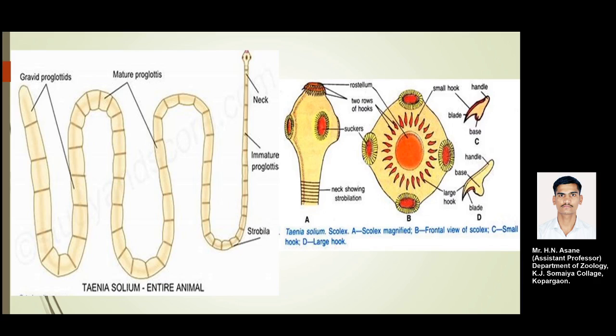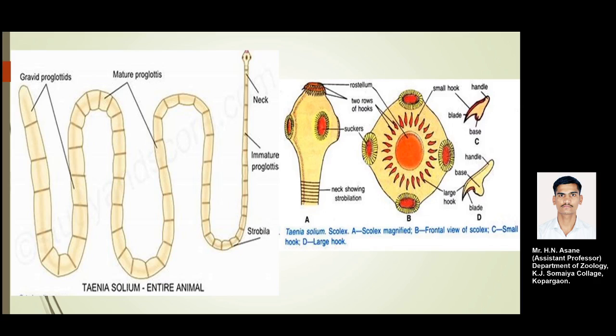No reproductive organs develop before the female organs. That means the very first developing sexual organs in this entire animal are the female organs, and after that the male organs form.